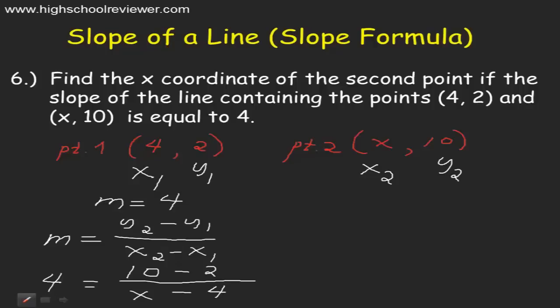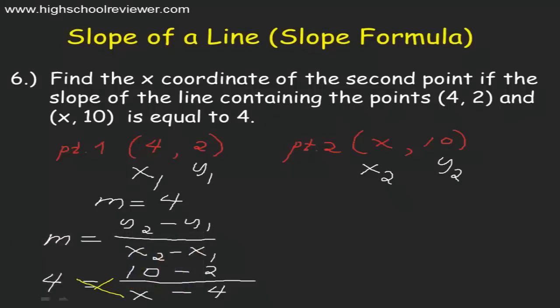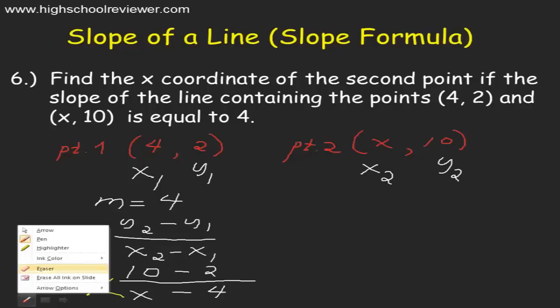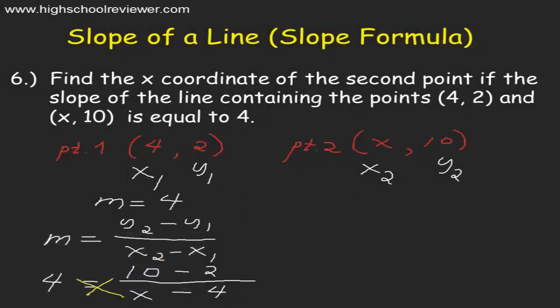So by cross multiplication, we are going to cross multiply. So this will be 4 multiplied by the quantity of x minus 4, and since this is considered as 1, so 10 minus 2 will remain here. 10 minus 2.